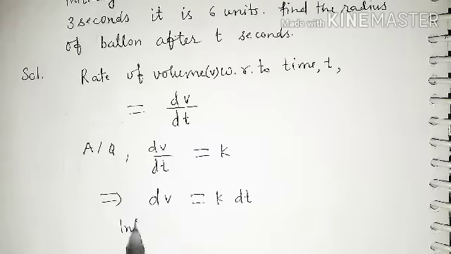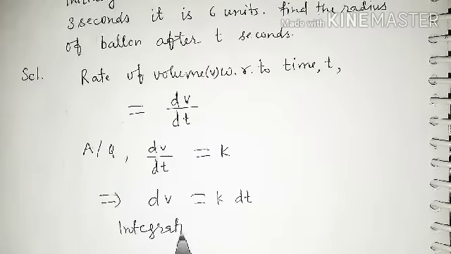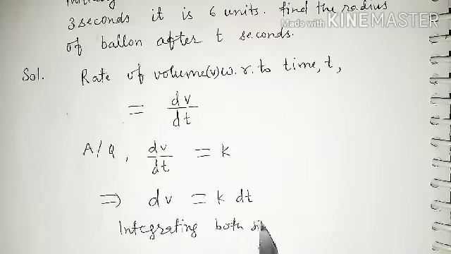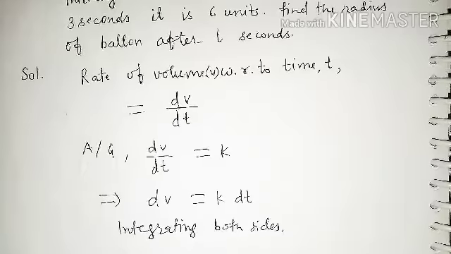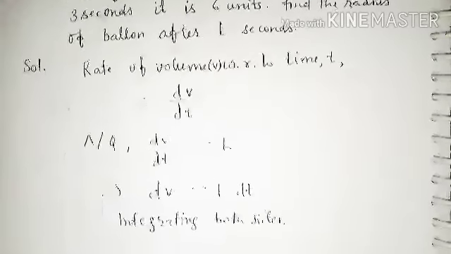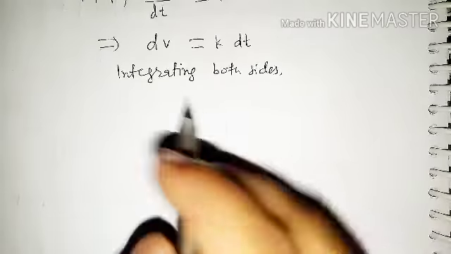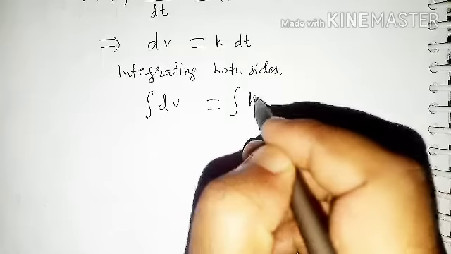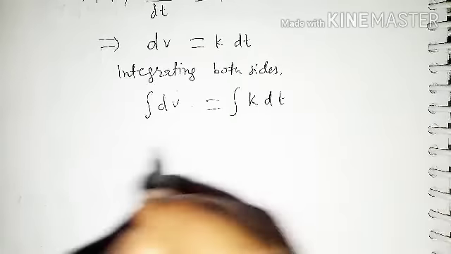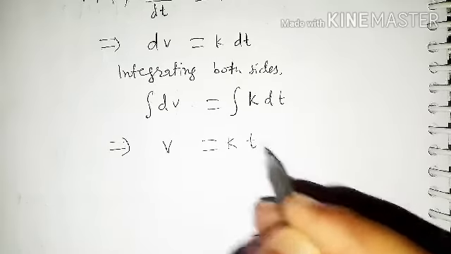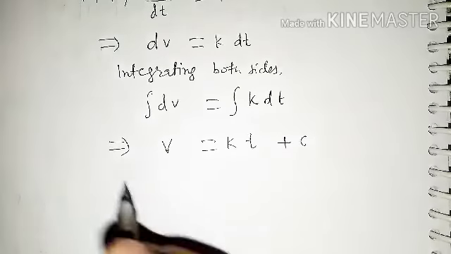Now integrating both sides, we have integral of dV is V, and k being constant, kt plus c.